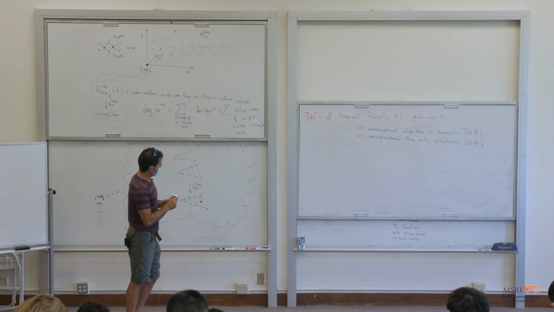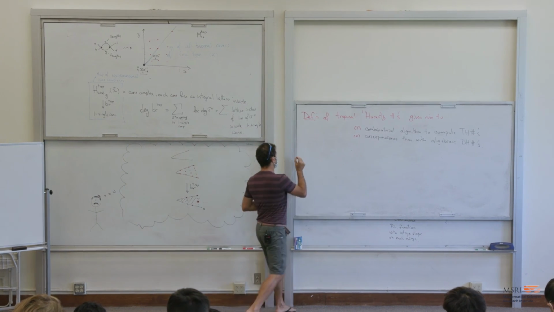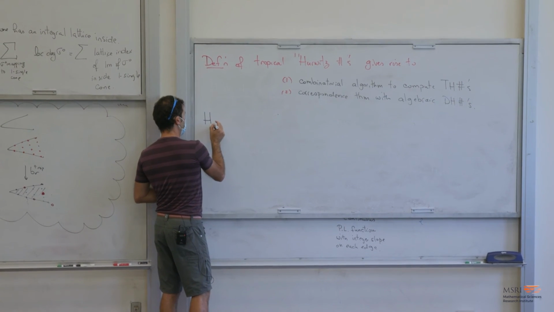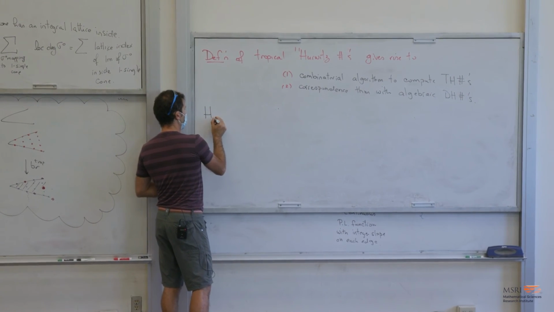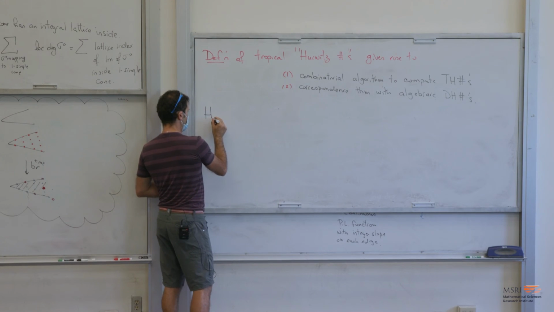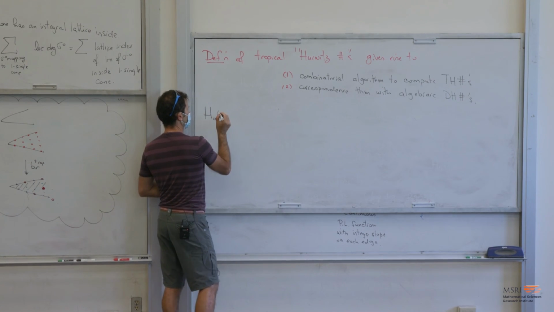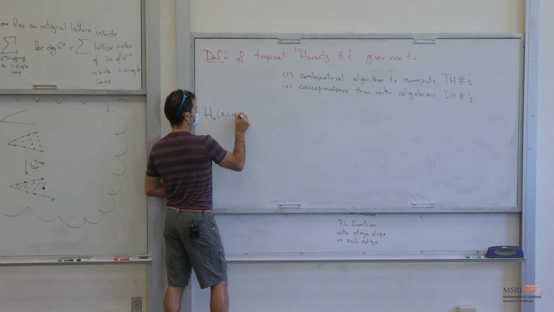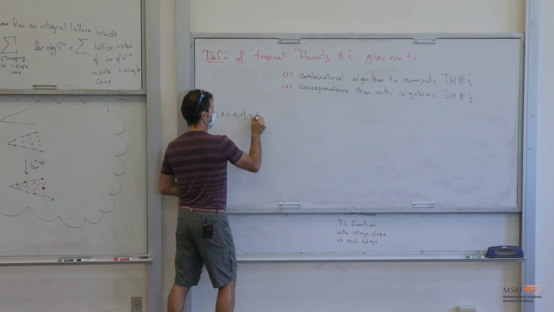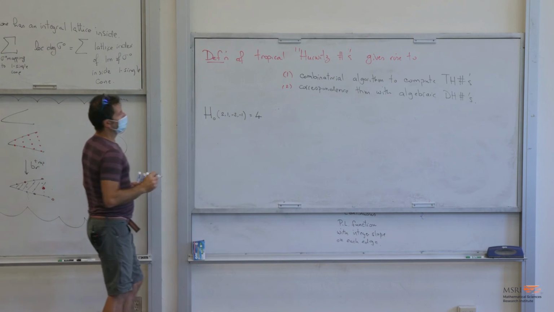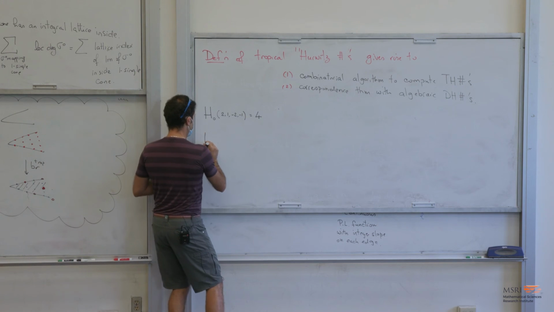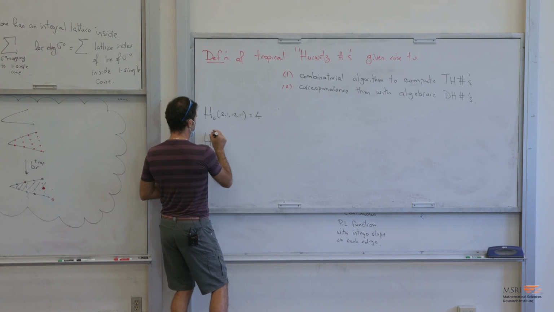So let's go back. So if you remember, we had kind of a fun example of a double Hurwitz number, which was this. And we even had its disconnected counterpart.